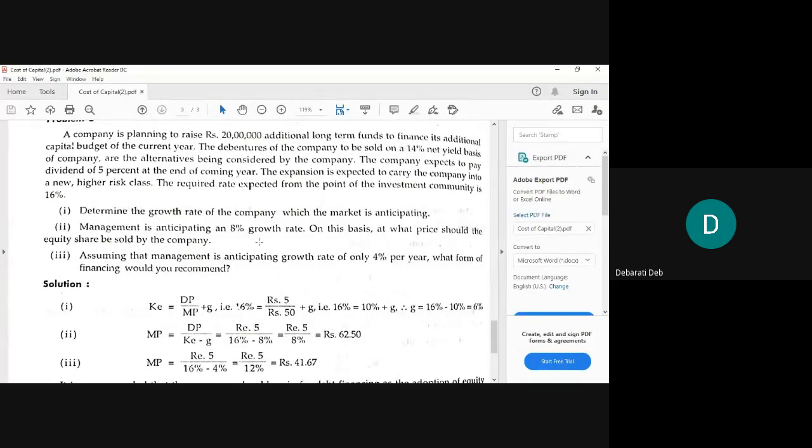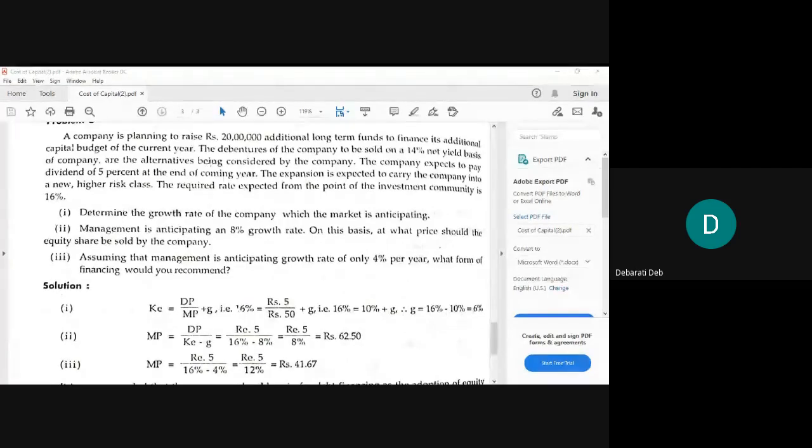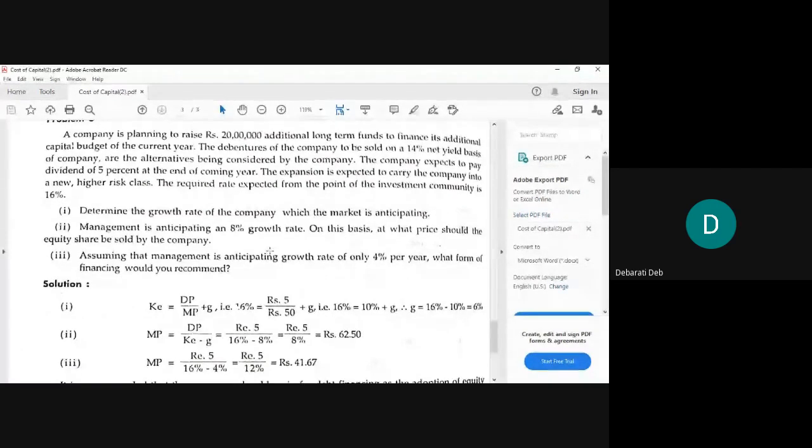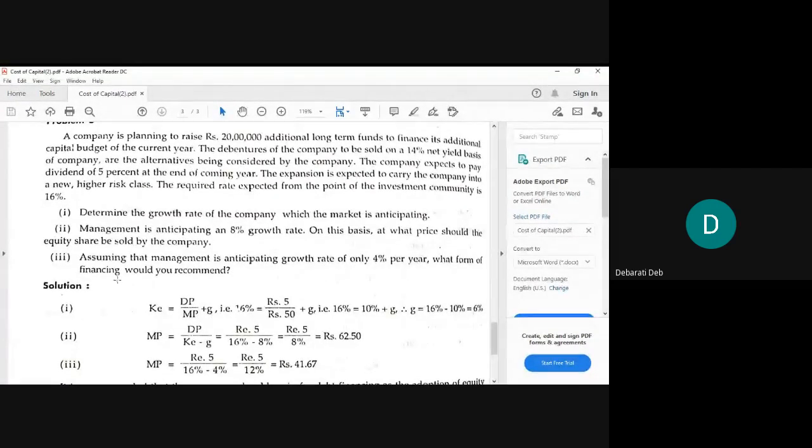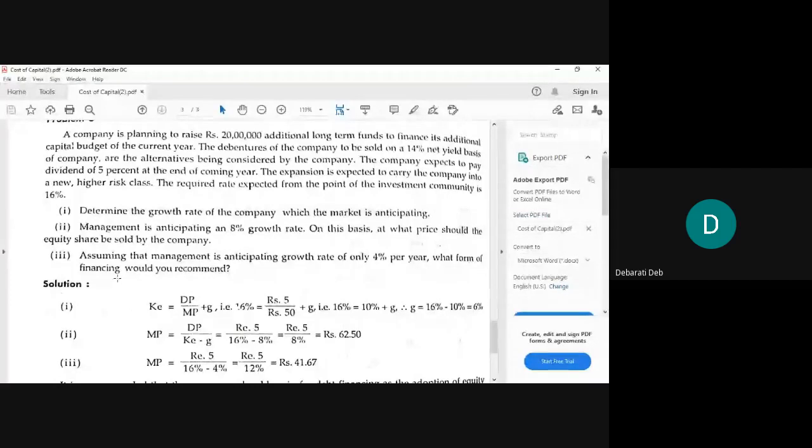Now you see that we will have to calculate the growth rate. The required rate is taken at 16% from the investment point of view.